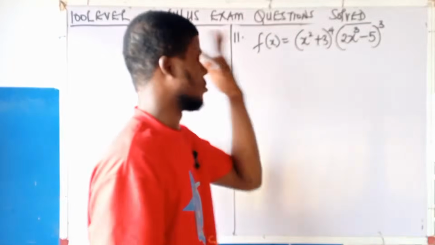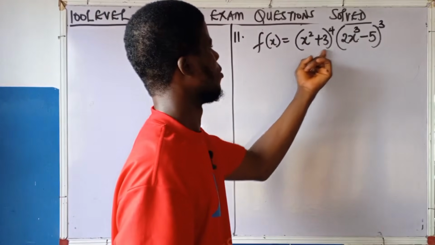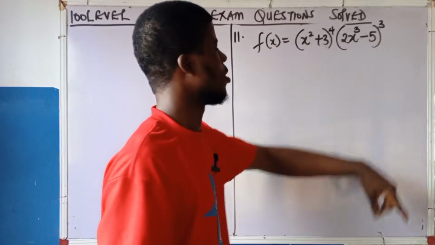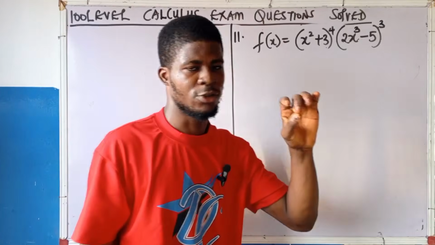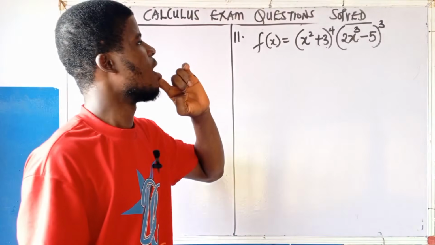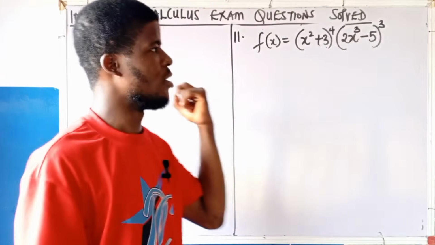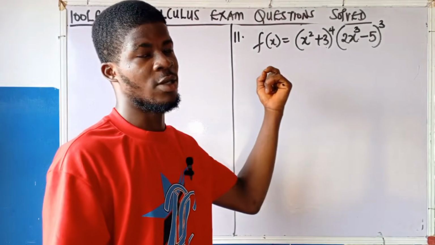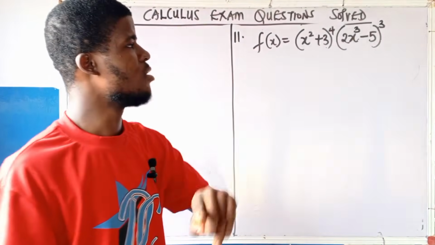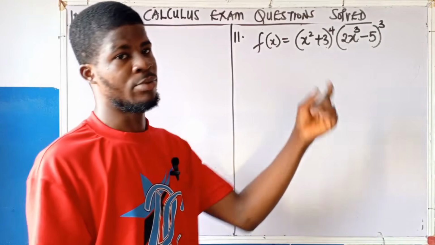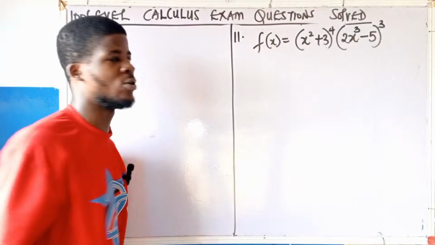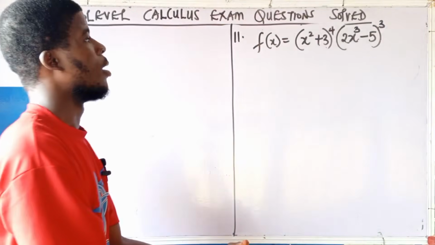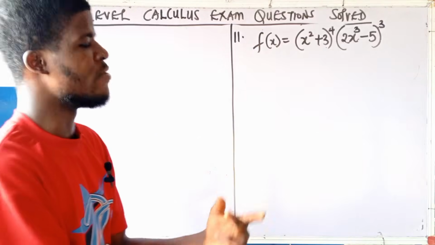This is one of the functions, and this is the other function. Each of them is a function of a function. You get it? And in combination, it is a product. You get what I'm saying? So we actually deal with a mix of chain rule and product rule here. But the entire function itself requires the product rule for differentiation. But along the line, chain rule will be involved.